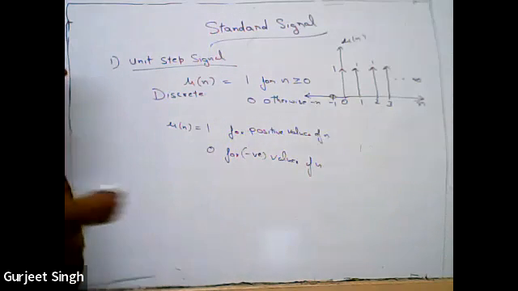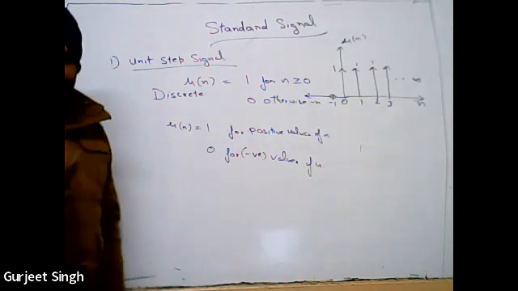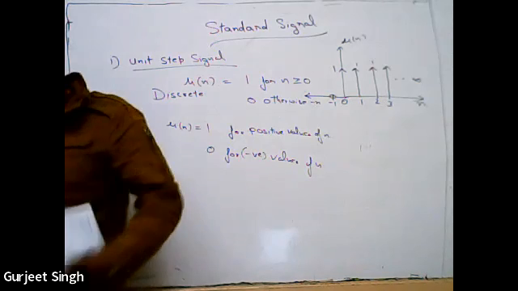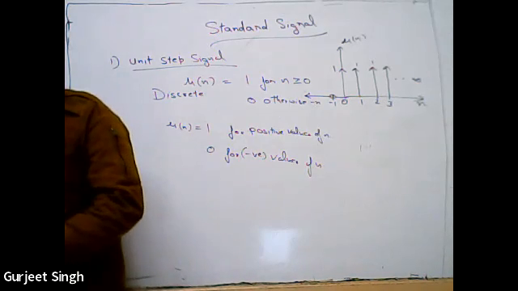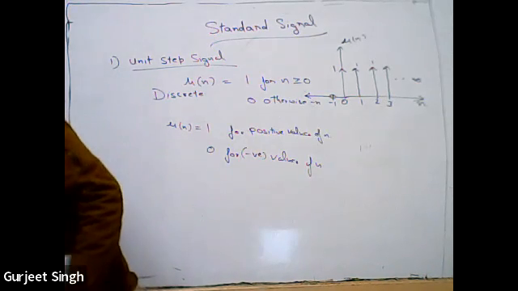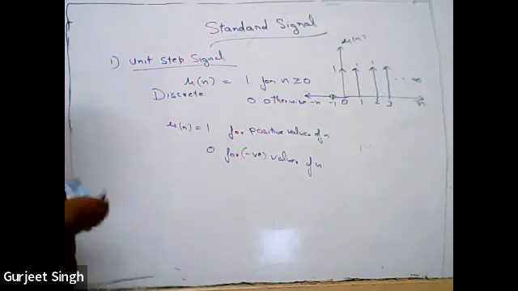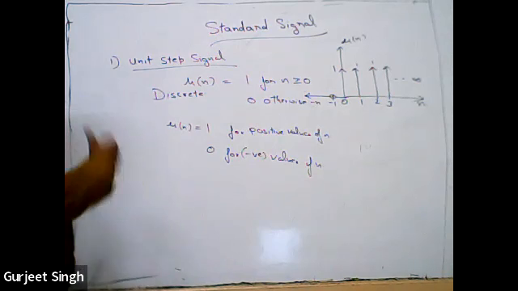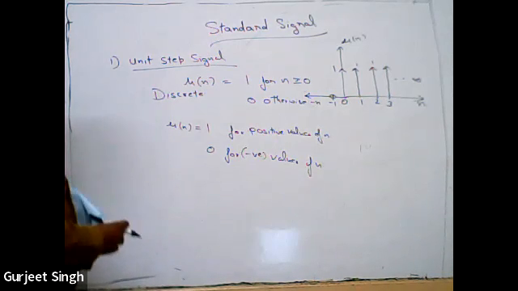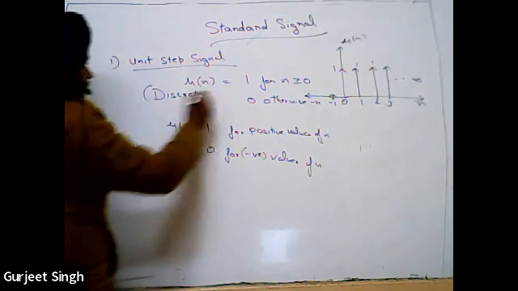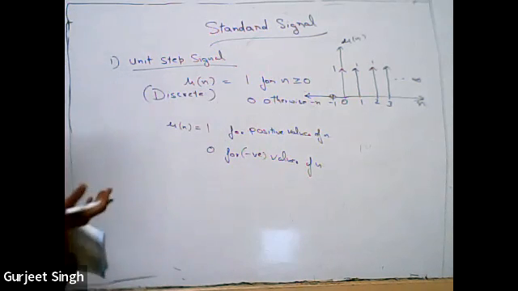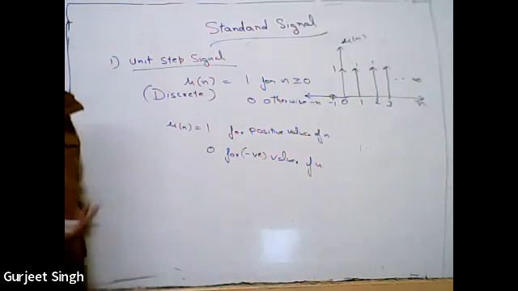This is basically the unit step signal u(n), and we use these signals very much in the numerical part of signals and systems. So this is u(n) in discrete time. I will explain the unit step signal in the time domain.